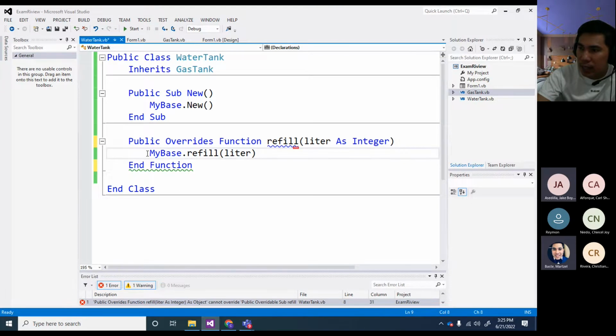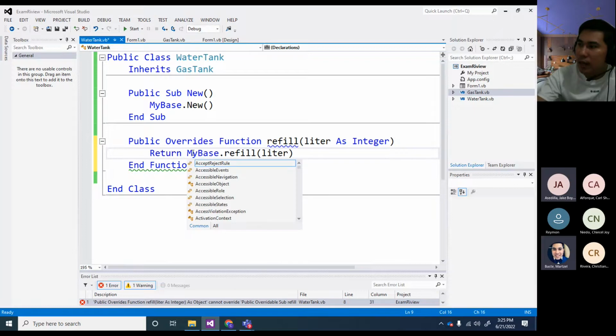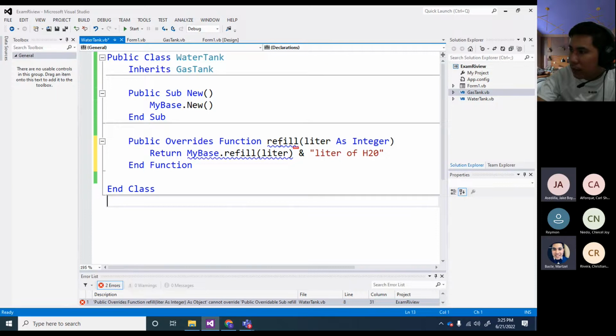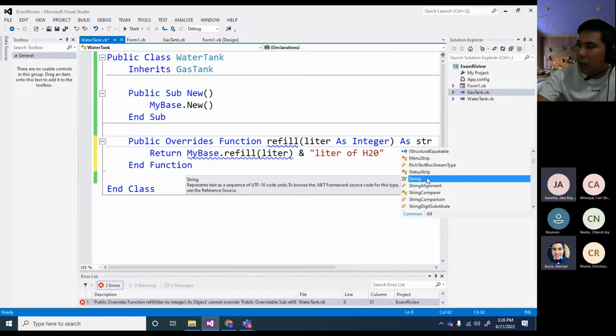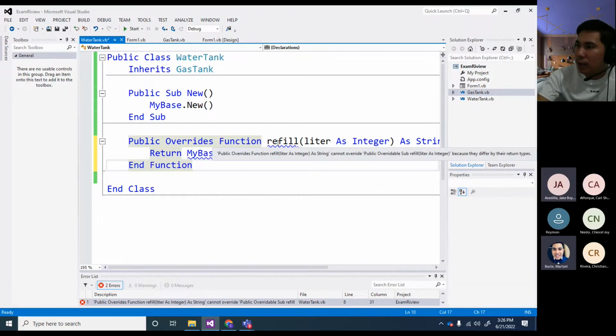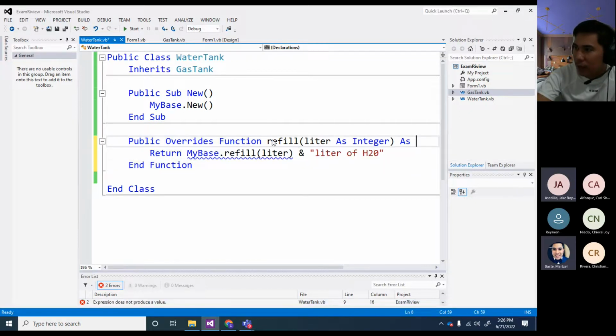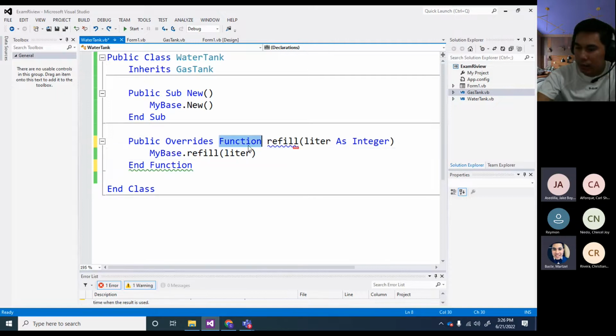So instead I put return, then liter of H2O, something like this, a string. So meaning I can change the value being overridden. Wait, sorry, since it's a function it should be a sub. So wait, let me change it back to sub. Sorry for that. It should be sub.